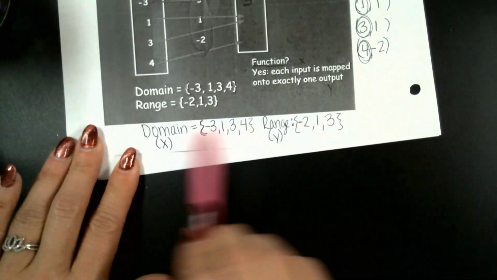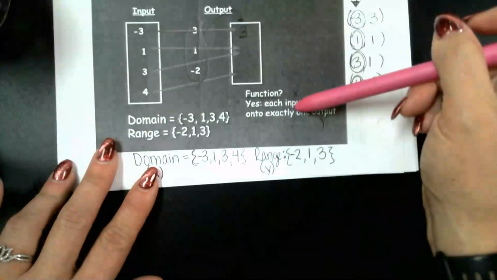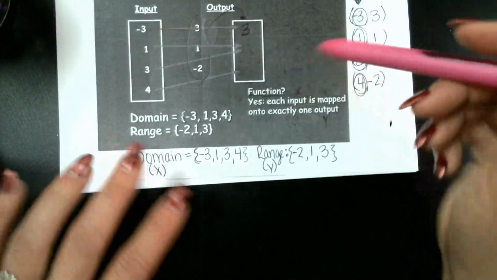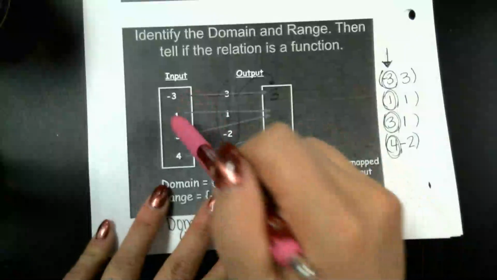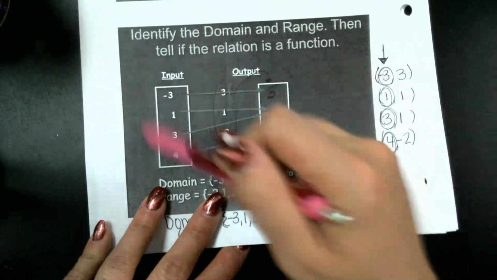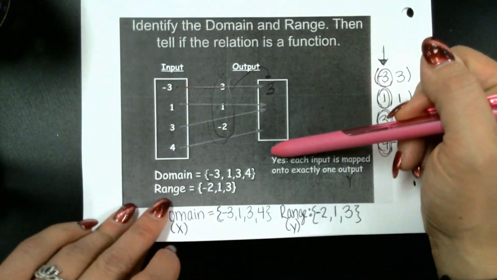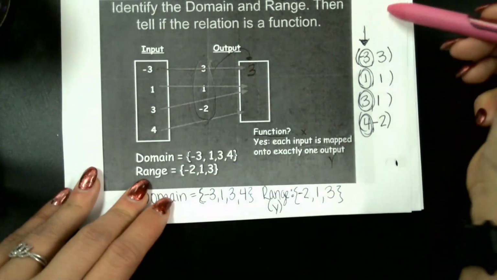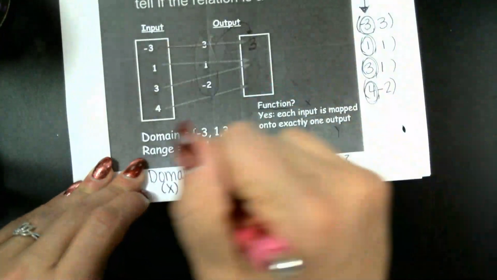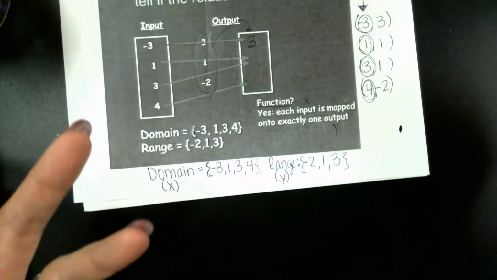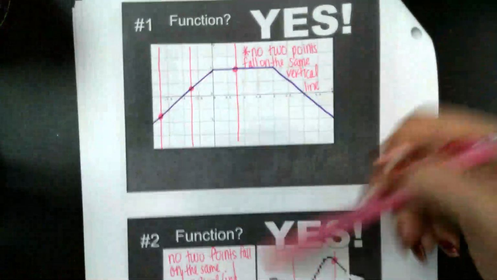You will list out your domain and range, and then they're going to ask you if it's a function or not. Okay? Then there will be some mapping ones, just like these, although I do think the numbers are in the box. But you'll do this same process. Make some ordered pairs. Write out your domain and range and tell me if it's a function or not. Then there will be some that are graphs, just like these here at the end.